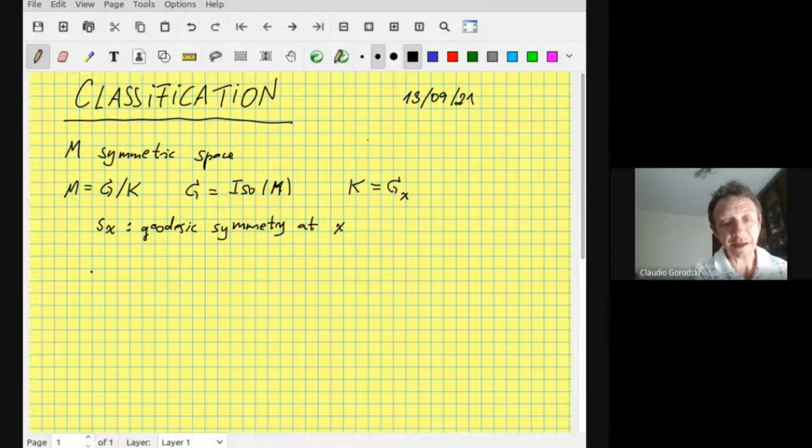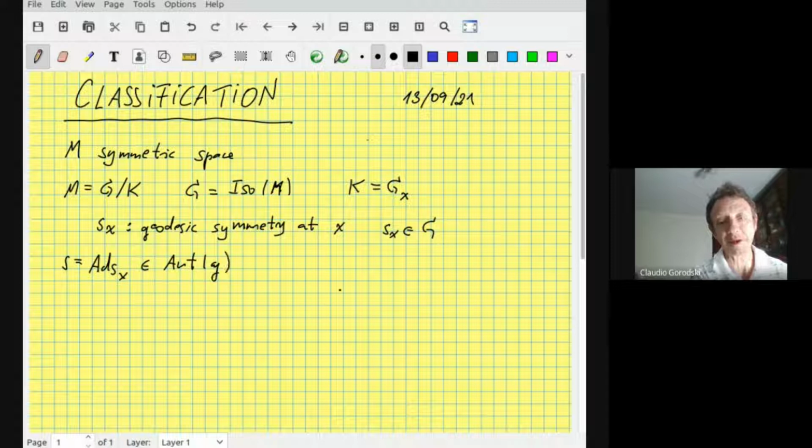And we can take conjugation by this. So, well, this is an isometry, so it belongs to G, and we can take this automorphism of the Lie algebra. And it's an involution because the geodesic symmetry has order 2, right? So, yeah, it's the identity.